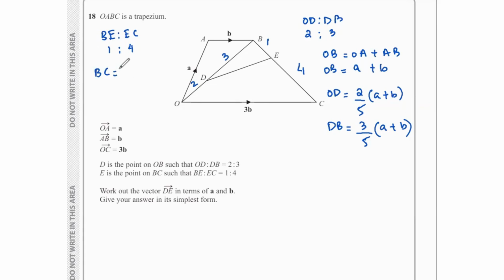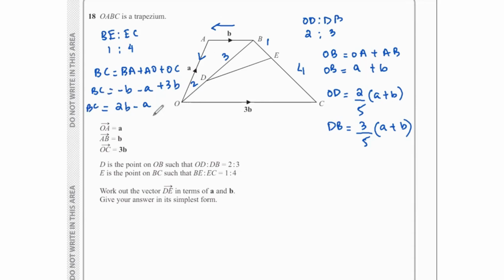BC is going to be BA plus AO plus OC. That's negative b, because you've changed the direction now, negative a, because once again the direction is changed, and then plus 3b. So that's 2b minus a for BC.